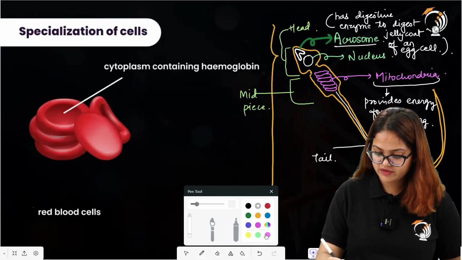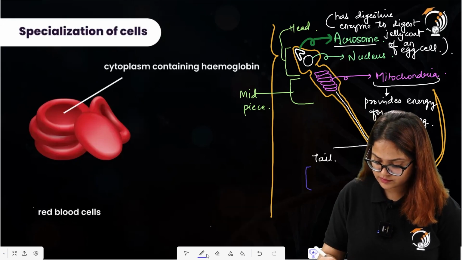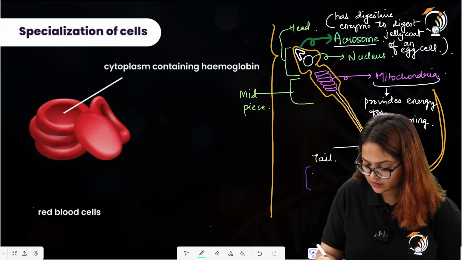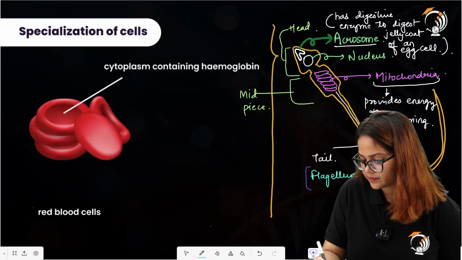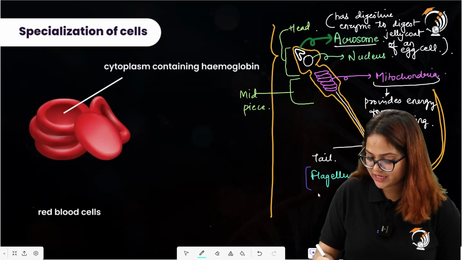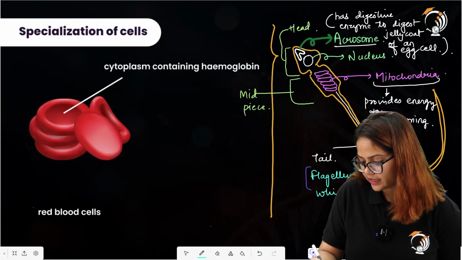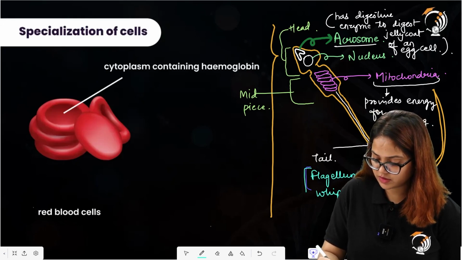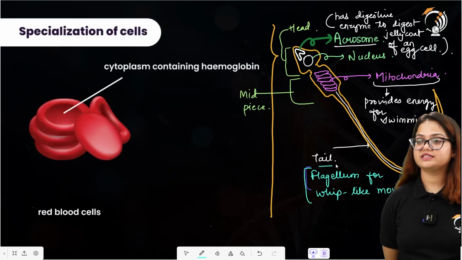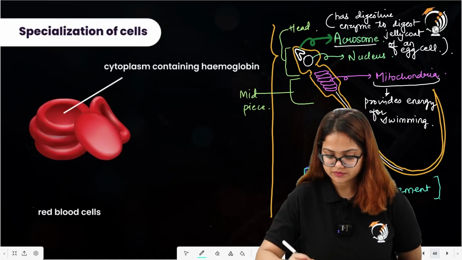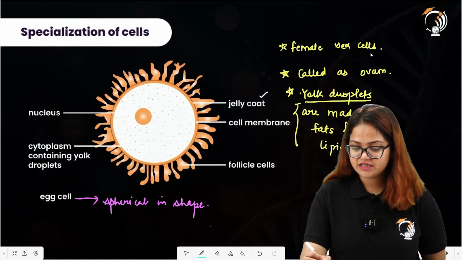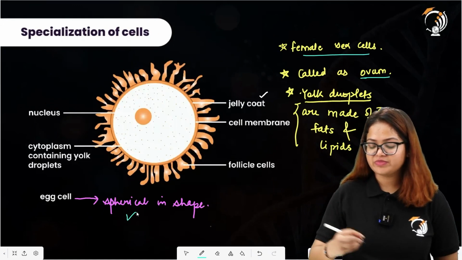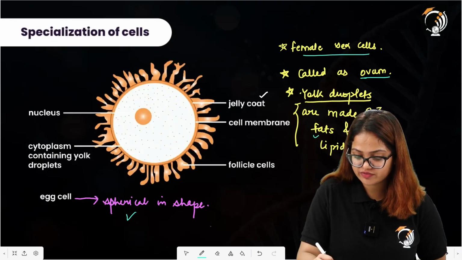The tail is behaving as flagellum, for whip-like movement. Alright, so this is about the head region, the mid piece and the tail. Coming back to the ovum here, it is the female sex cell. It is spherical in shape. It has yolk droplets that are made of fats and lipids.